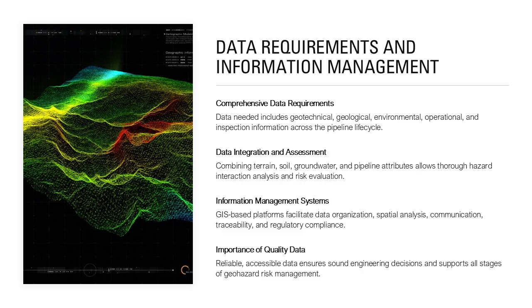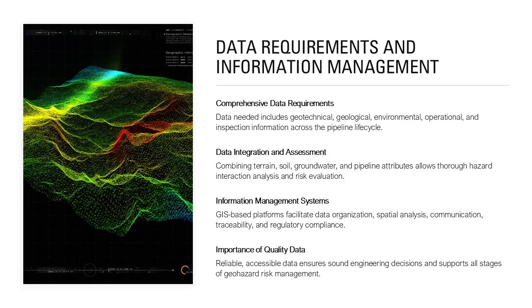Data requirements span the entire pipeline lifecycle and include geotechnical, geological, environmental, operational, and inspection data. API RP 1187 emphasizes the importance of systematic data collection and management to support consistent and repeatable assessments.